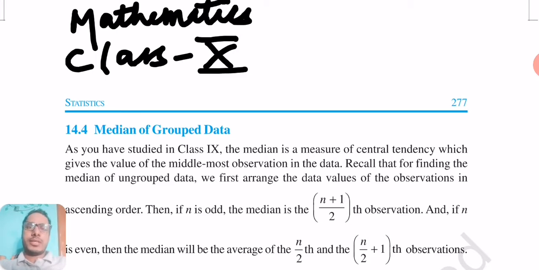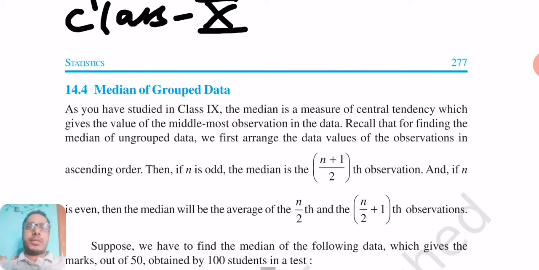We had discussed their basics also, which we had done in class 9th. Today, we will be talking about how to find the median of grouped data. So without any delay, let's start the topic.